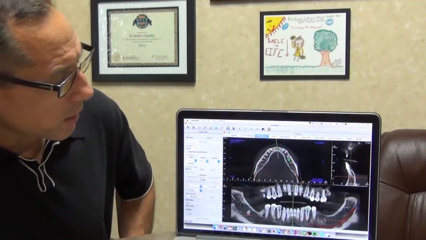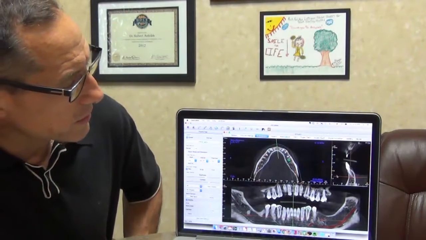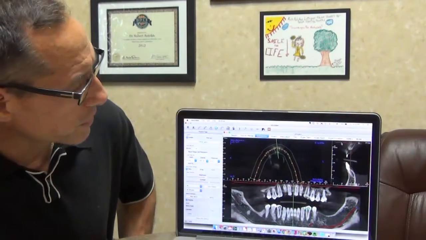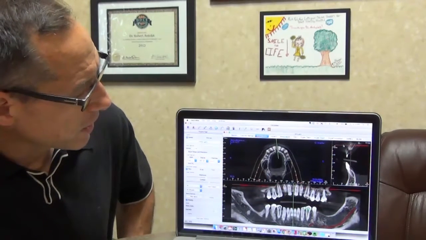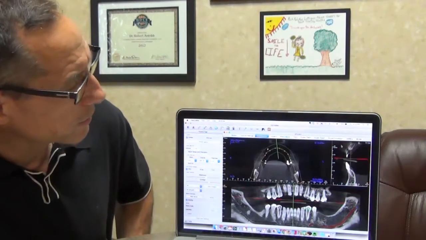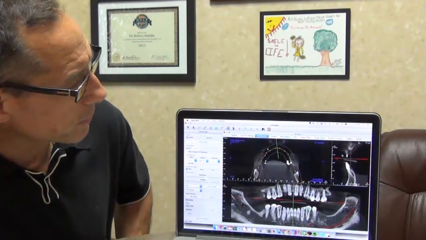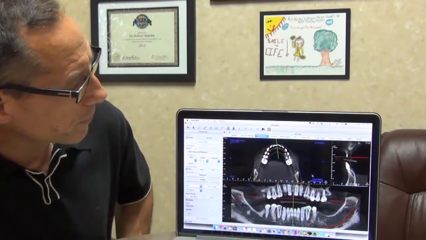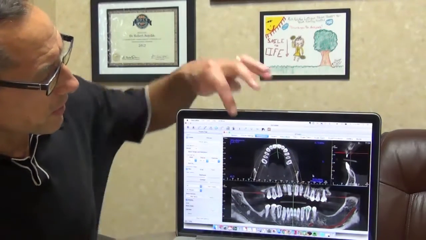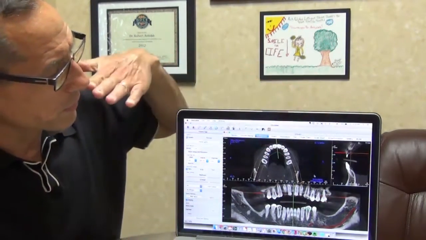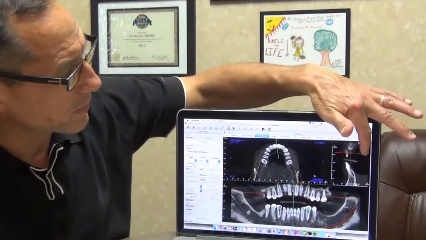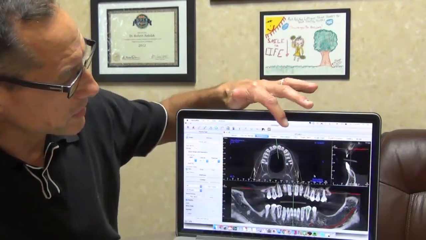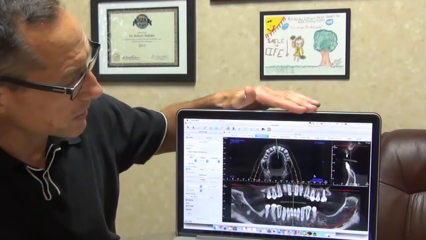On the upper jaw, it also gives us the ability to find out where the sinus cavities are. For example, on this area on your top left side, we can see where the teeth are right at this region. Now we're going straight up, as we can see by this little line, and once we get there, we can see three-dimensionally, and then we can start seeing the sinuses.